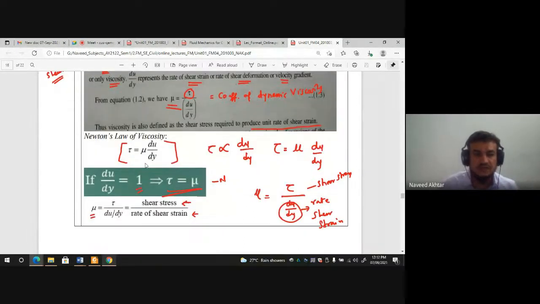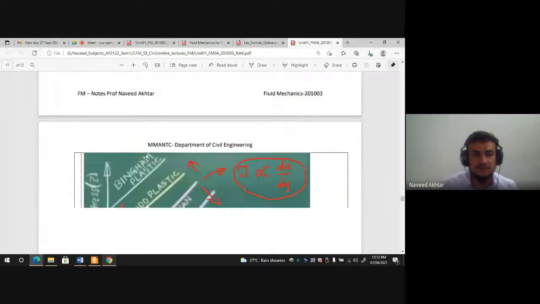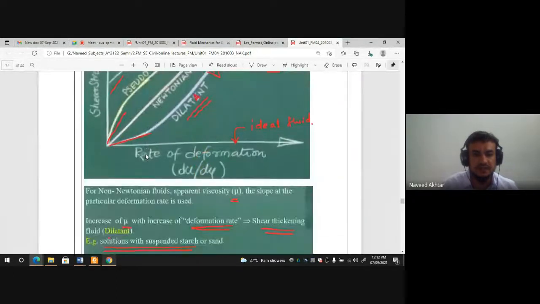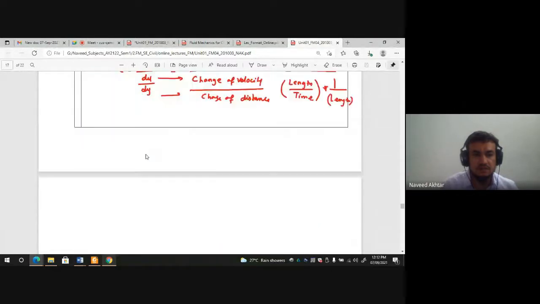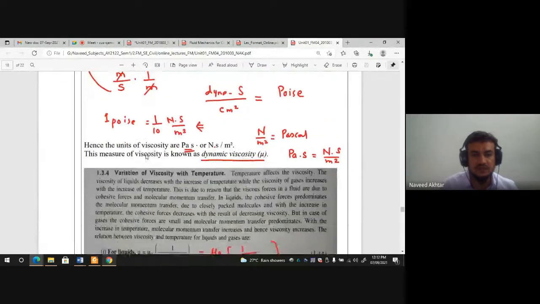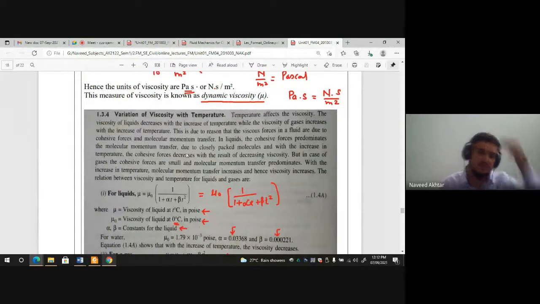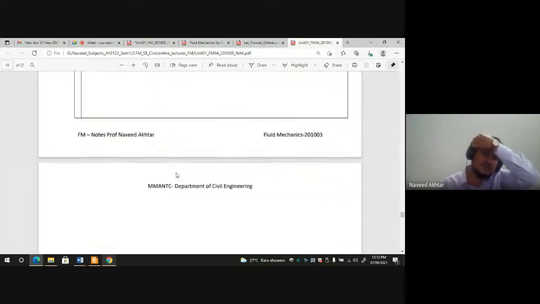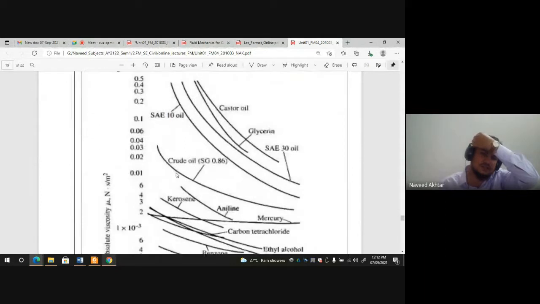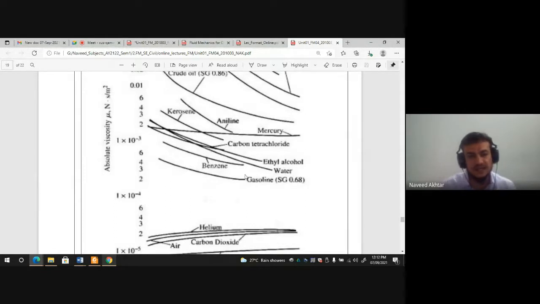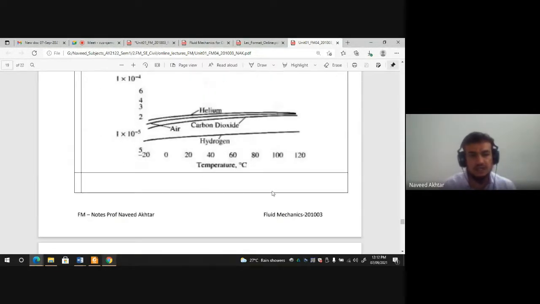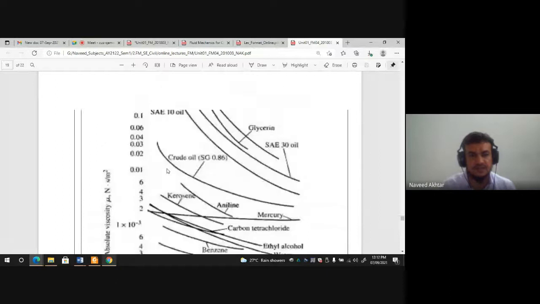And also we have seen the effect of temperature on the fluid, the variation of viscosity with temperature, and the viscosity of different liquids like kerosene, crude oil, benzene, etc. with respect to temperature, in this graph.